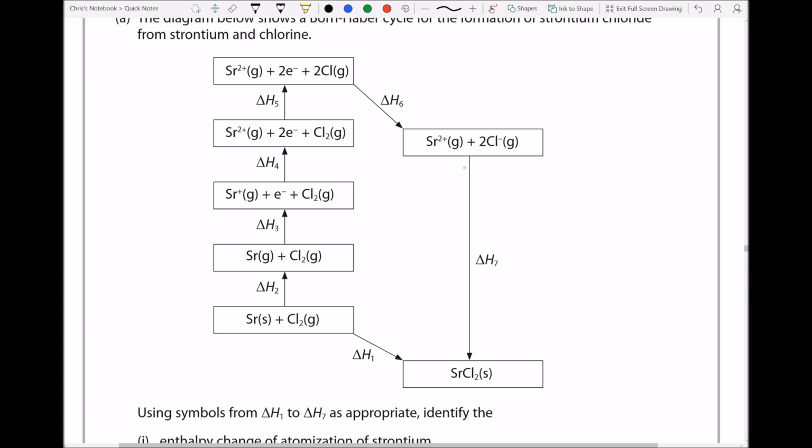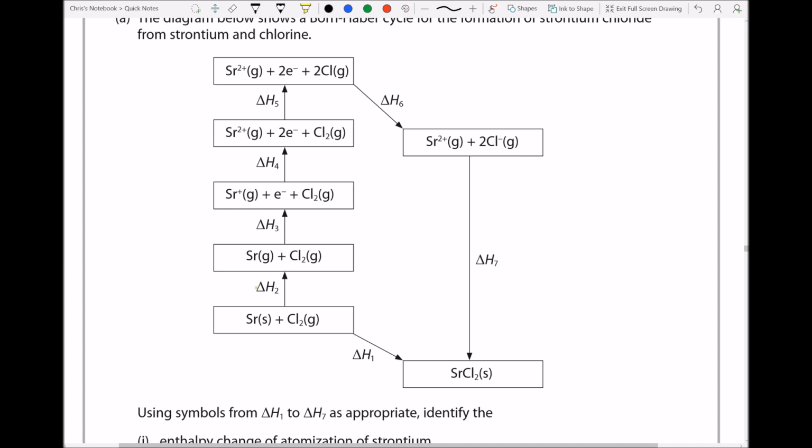Because we can't go that way, we have to go the opposite way. It's like a roadblock. If I start from here and this road's closed, because I want to work this bit out, what I have to do is take a diversion to get to my destination. So I go this way instead, all the way around here. But the difference is, when I go against an arrow, I keep the number the same, but I change the sign.